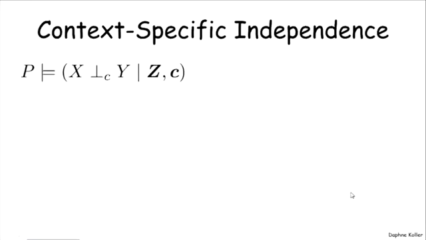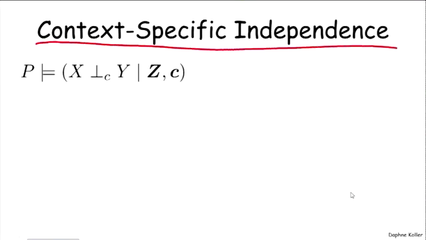Now, one of the things that is intertwined with the notion of structure within a CPD is a useful notion called context-specific independence. It turns out that this notion arises in some of the representations of CPDs that we're going to talk about.